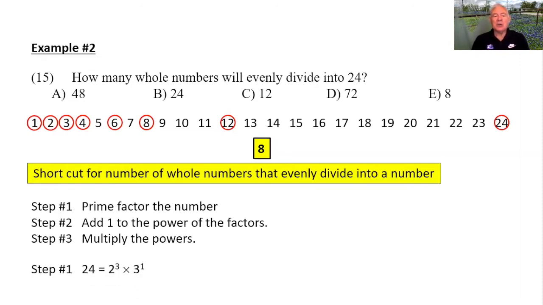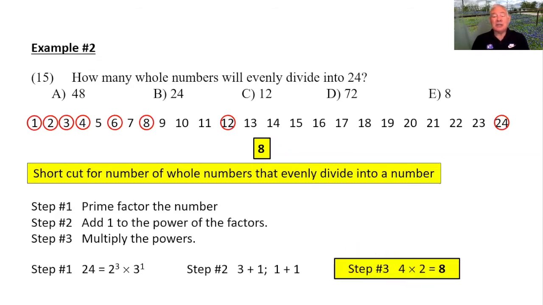So 24 is equal to 2 to the third power times 3 to the first. If you add 1 to those powers, 3 plus 1 is 4, and 1 plus 1 is 2. So 4 times 2 would be 8. You can probably easily see that if there were a larger number than 24, it might be really useful to remember this shortcut.